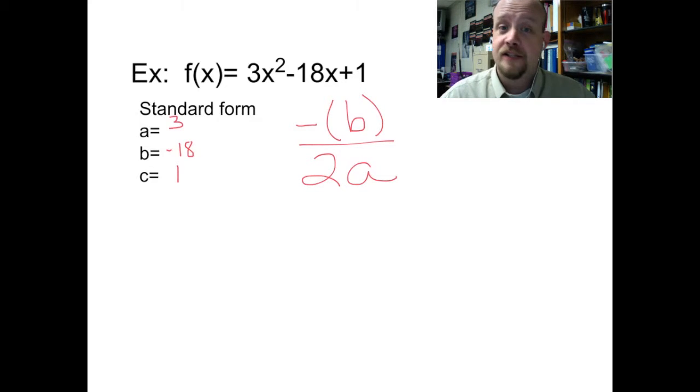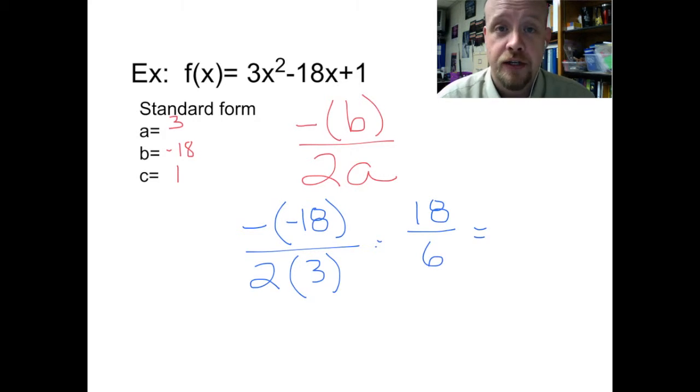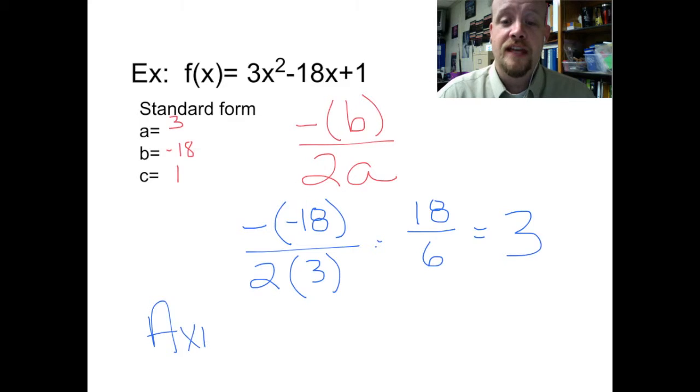Now let's fill in our formula. We have the negative of negative 18 divided by 2 times a, which is 3 in this case. Negative of negative 18 is positive 18, 2 times 3 is 6, and 18 divided by 6 is positive 3. This is just our x-coordinate, but we need to turn it into our axis of symmetry, which in this case is x equals 3.